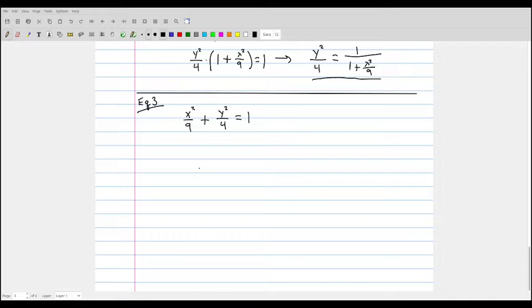And we've solved for x squared over 9 and y squared over 4. They're the same thing. X squared over 9 is 1 over 1 plus lambda squared over 9. And y squared over 4 is also 1 over 1 plus lambda squared over 9.